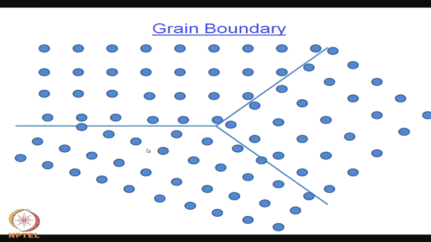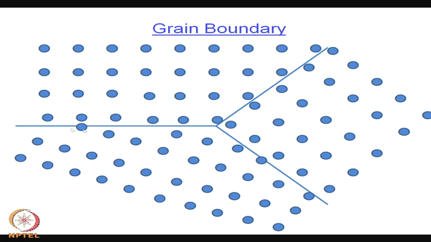So, the orientations in these crystals are different, and that is how the boundary is defined. If it were a continuation of the same orientation, then the boundary would not have been there. Because there is a change of orientation of the atomic arrangement of the crystals, there is a boundary.